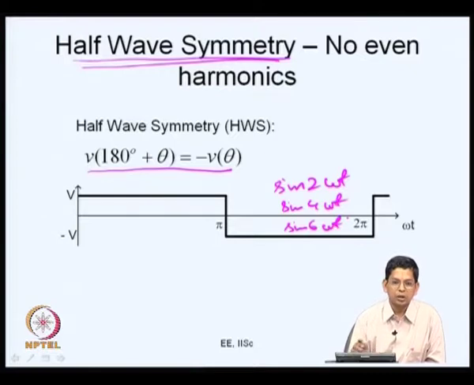So, it has no even harmonics. The significance of half wave symmetry is that whenever a waveform satisfies the condition V of 180 plus theta equal to minus V of theta, you have no even harmonics present.